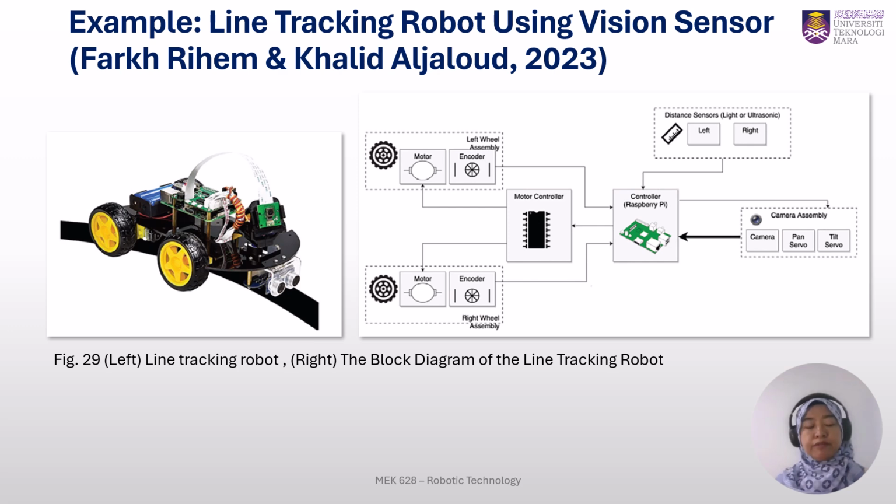After you have detected the black line, you follow it by using a controller, for example a PID controller, to adjust the wheels' velocity so that the robot will stay centered in the middle of the line. It is just like a self-driving car staying in its lane, just like when you drive a car and stay in your own lane. That is the analogy of this autonomous line following robot.